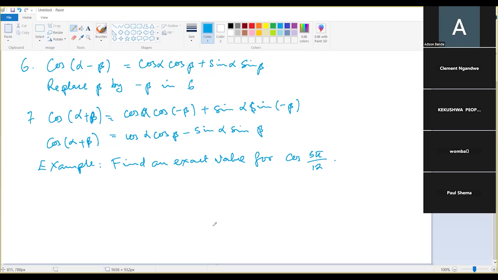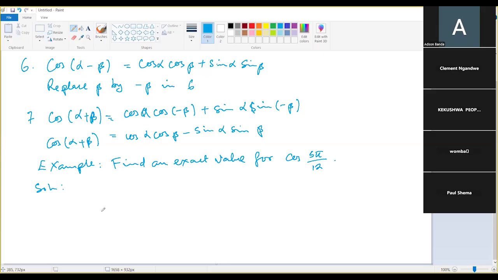Right, so we want to find the exact value of cos 5 pi by 12. Now, for us to be able to do that, if you look at 5 pi by 12, it is not a standard angle.